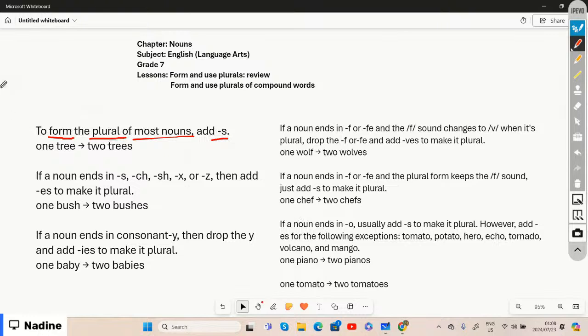If we want to make mention of more than one orange, we add the s, and we say oranges. One ball, we add an s, so it's balls, two or more balls.